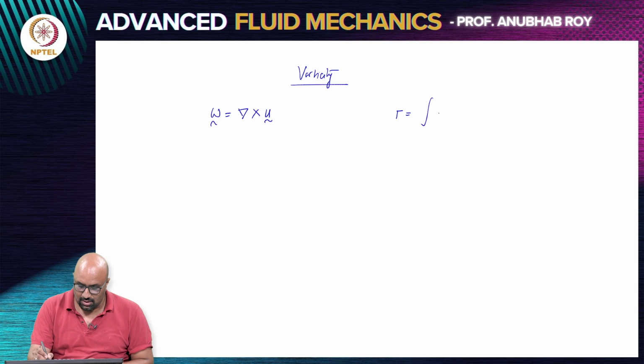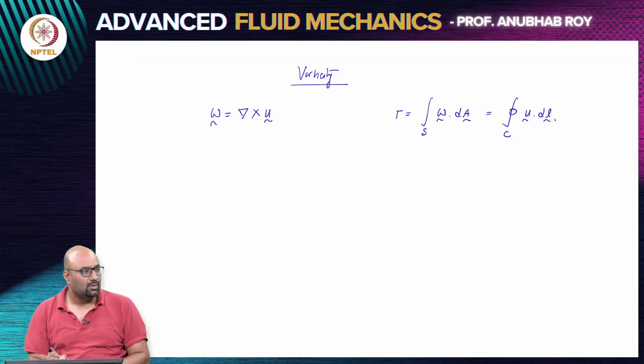This is defined as omega dot dA, and if I am doing it over a surface, then over a closed contour, I could write this as u dot dl. So, that gives me the flux of vorticity through a particular region.